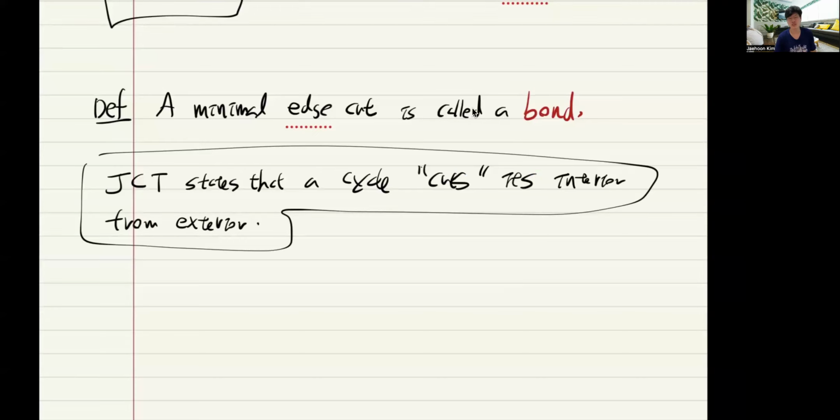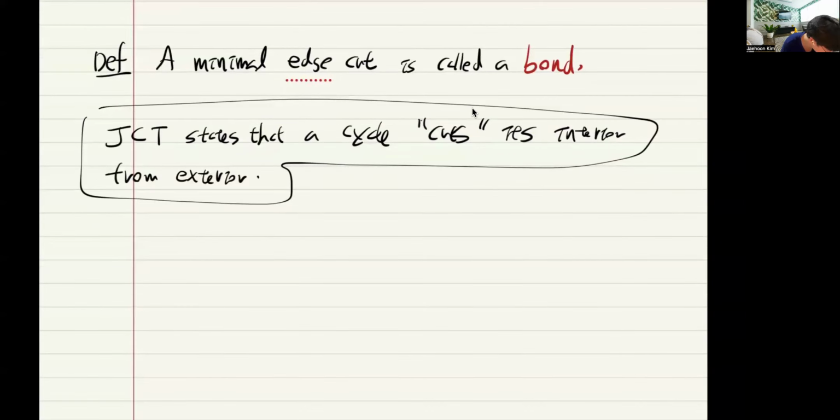So intuitively, a cycle partitions the faces into outside faces and inside faces of this cycle. So in the dual, it's disconnecting the vertices. So you might see that bonds and cycles are dual. Intuitively, you get that intuition, right?